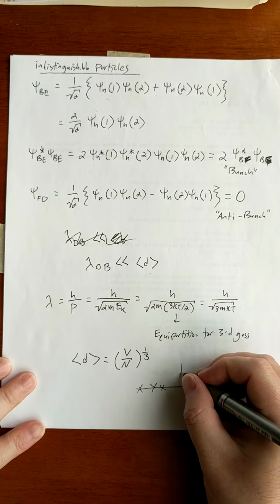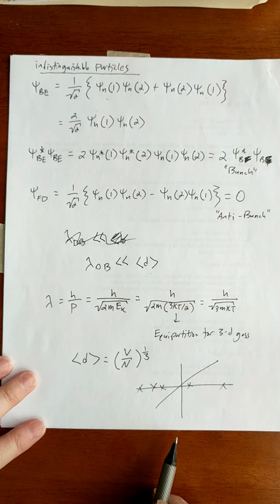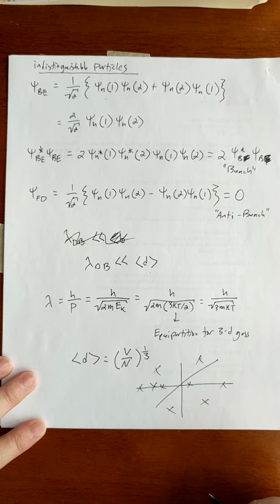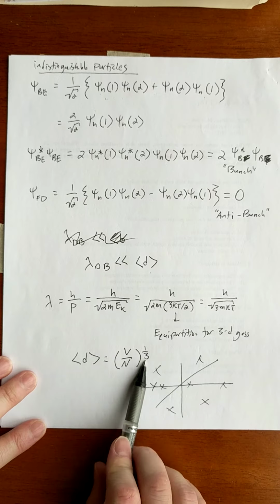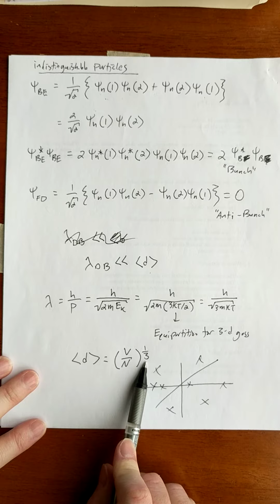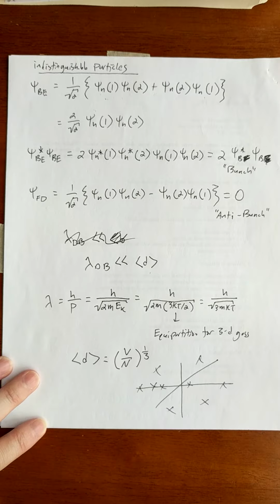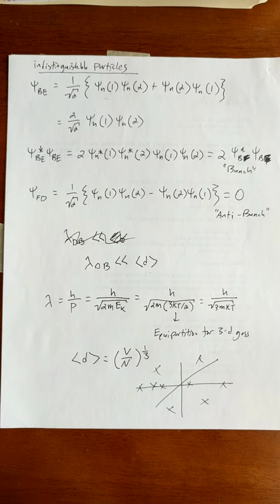But if I make this 2 or 3D, there's more ways for these particles to be distant from each other. So I get a factor of 1/3 here in the exponent, just sort of like our Pythagorean theorem in 3 dimensions.